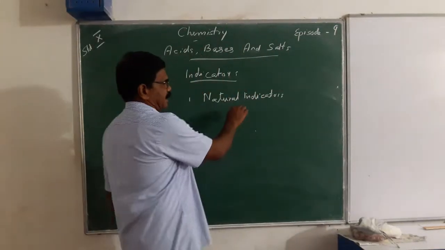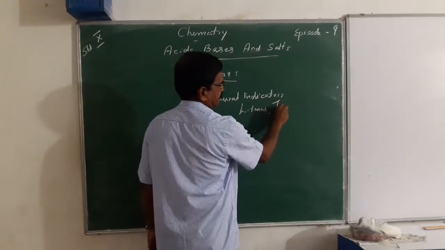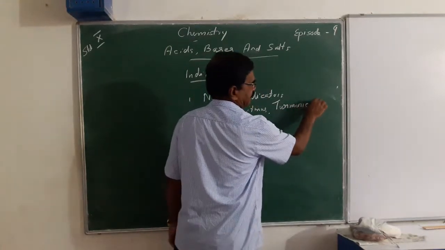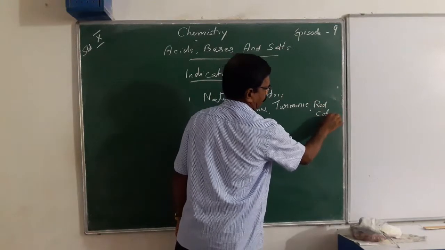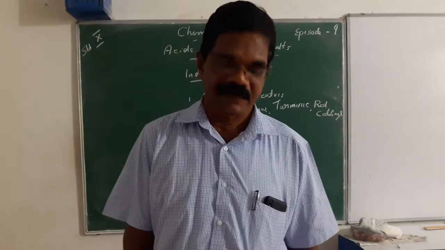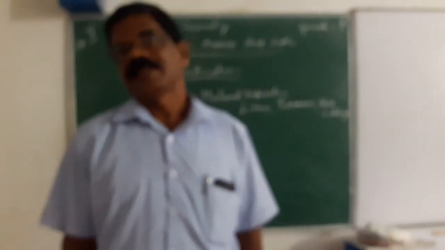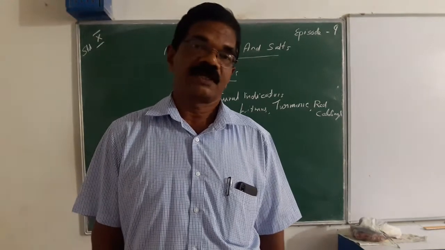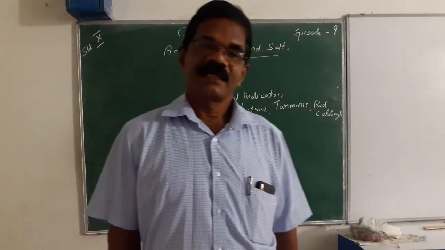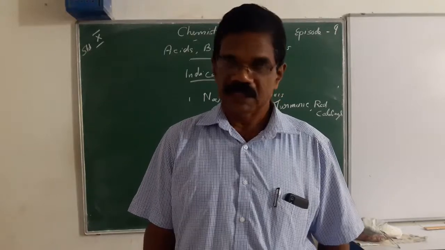For example, litmus, turmeric, red cabbage, etc. By the change of color, we can identify whether the given substance is acid or base. We have already seen that litmus shows red color in acids, and in bases, it shows blue color.